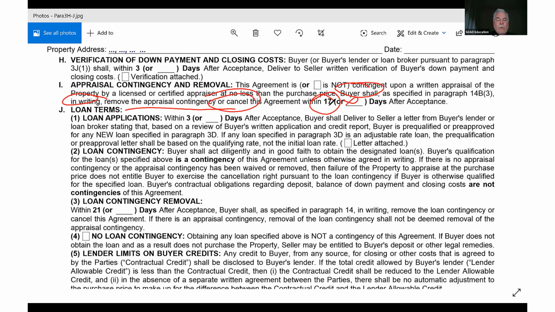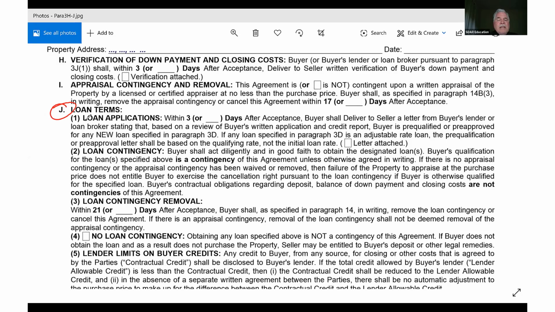We'll notice in a second when we get down to the loan that the loan contingency is going to be 21 days. The reason that we did that was because we didn't like the appraisal and the loan contingency removal coming in at the same time. So essentially we're giving the lender 4 more days to sort out the appraisal and to get the loan approved as well.